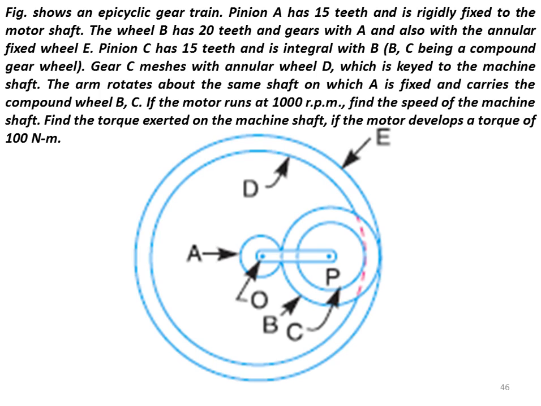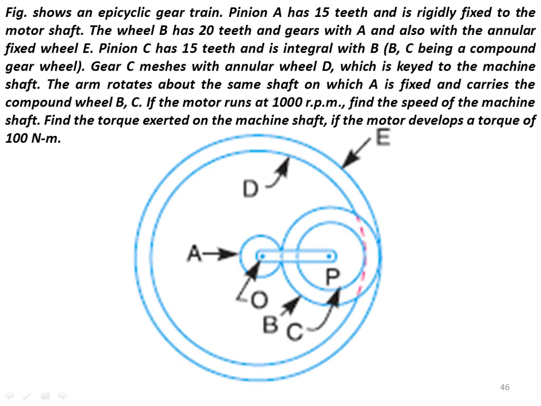Okay, and it gears with A and also with an annular fixed wheel E. So you can see the figure there. B is connected with A and also with the outer part E. Then pinion C has 15 teeth and is integral with B.